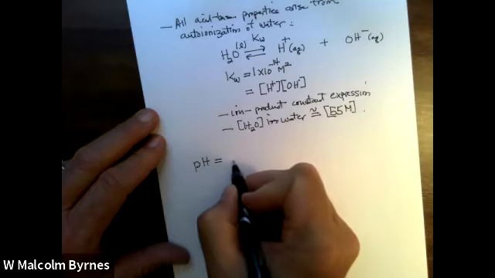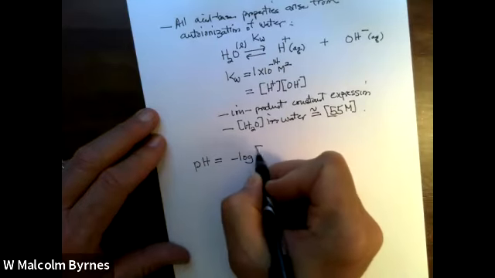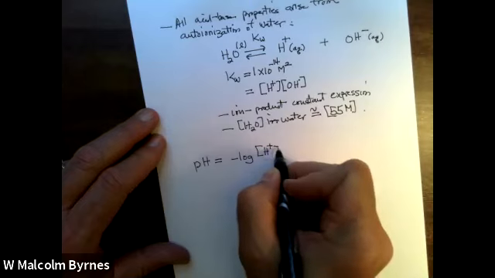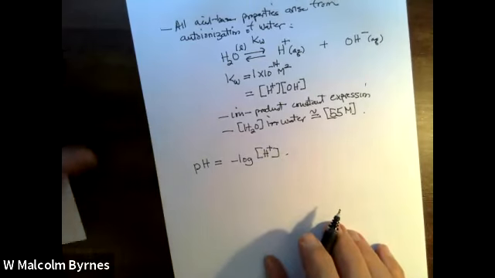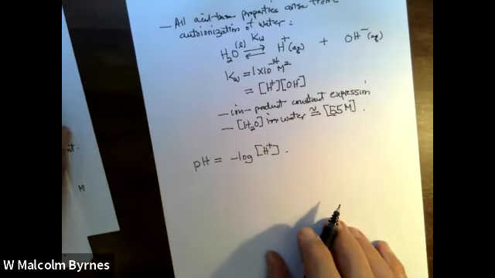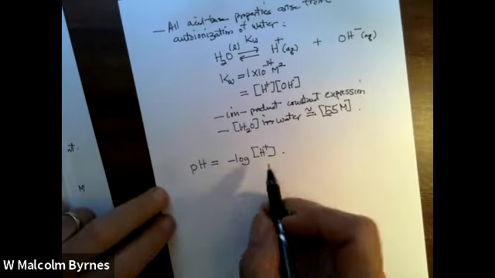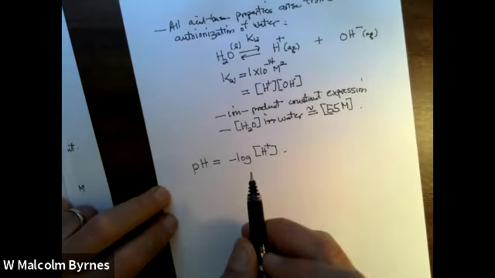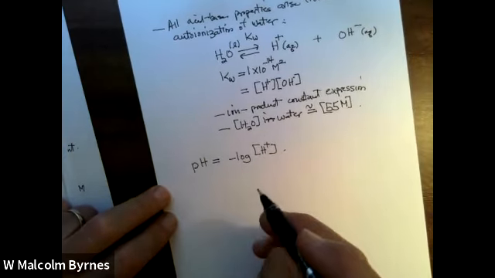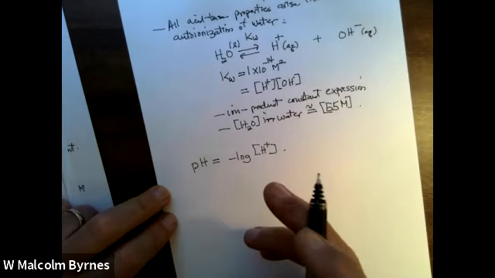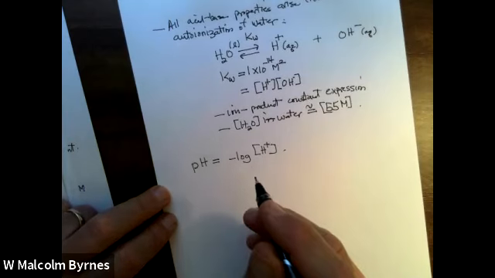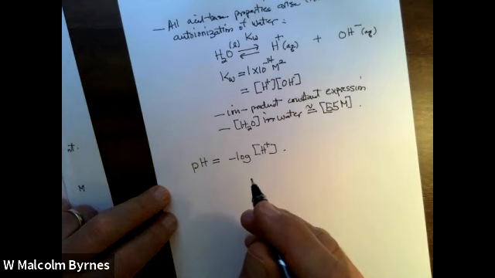pH is equal to the negative log of the hydrogen ion concentration. And so we could talk about pH as the minus log of the hydrogen ion concentration, and also pOH, which is the negative log of the hydroxide ion concentration.